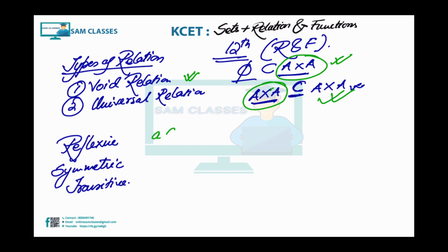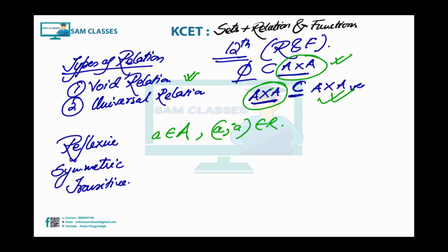If A belongs to set A and (A, A) belongs to R, it's related to the relation, then we say that it is reflexive. Now this wording, (A, A) related to R, sounds too cringe, like we are not able to understand what they're trying to say.